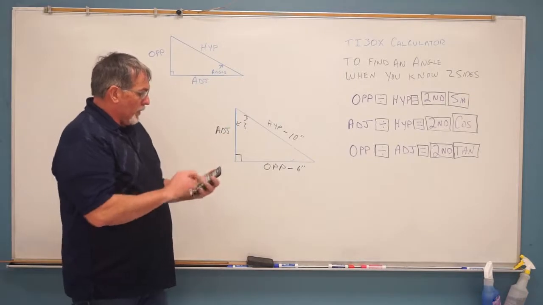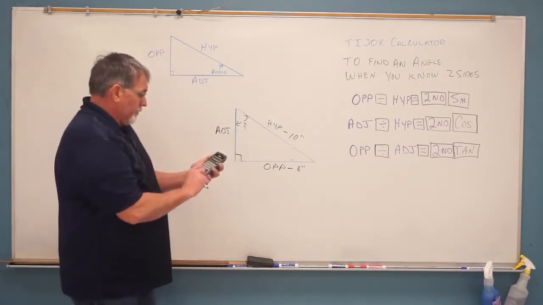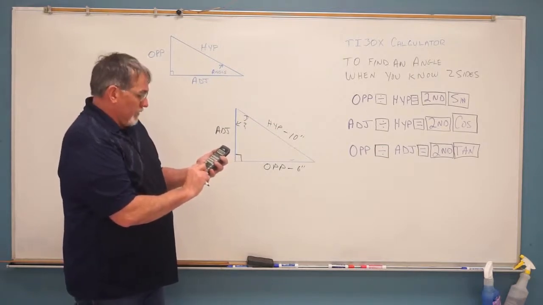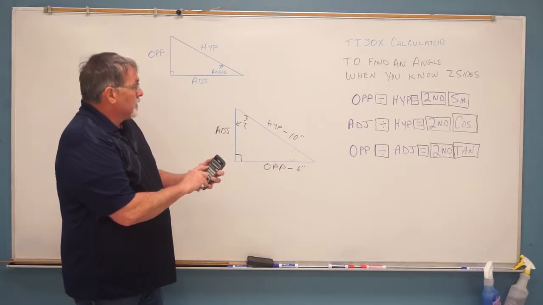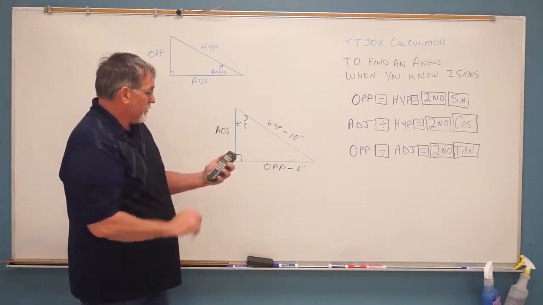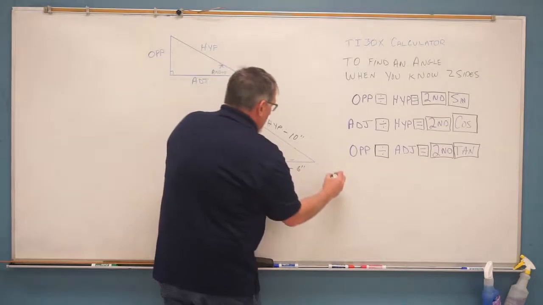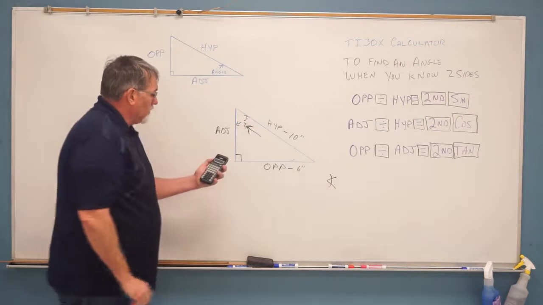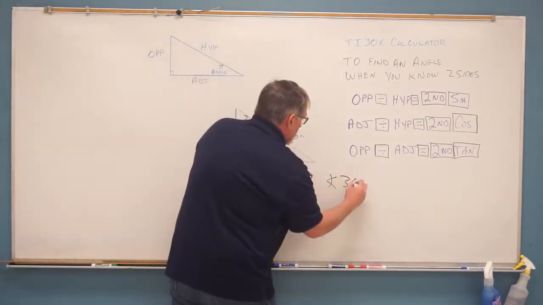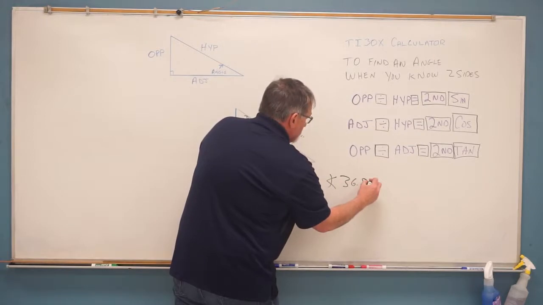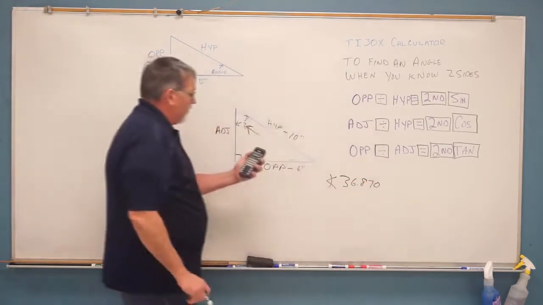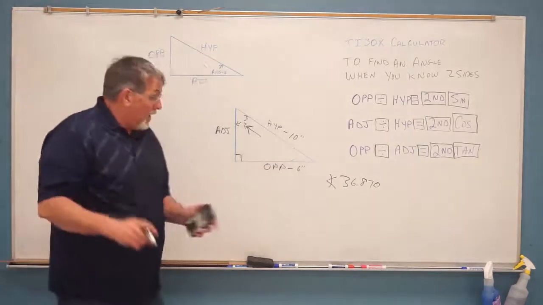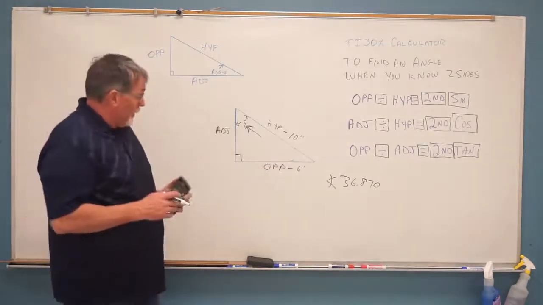So we can use our first formula. So our opposite is 6 divided by the hypotenuse of 10 equals second sine. So that angle, so now we're talking about this angle up here, is going to equal 36.870 rounded off. And if you remember, our angle before that was 53.13. If you were to add those up, they would equal 90 degrees, which is what it should equal, right?